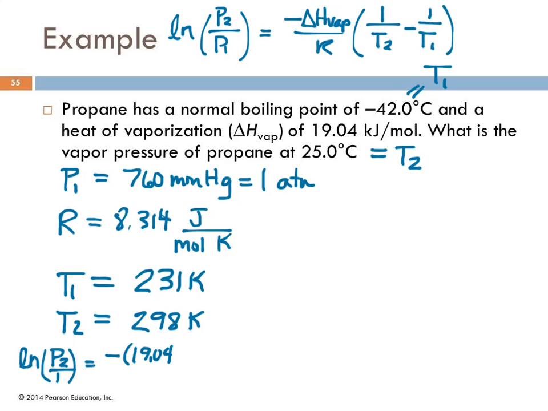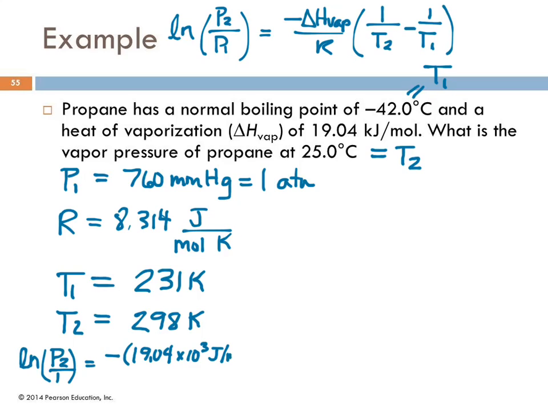19.04. And look at the units there, kilojoules per mole. The units that we have on R are joules. So instead of kilojoules, let's just write in what kilo means, which is 10 to the third.